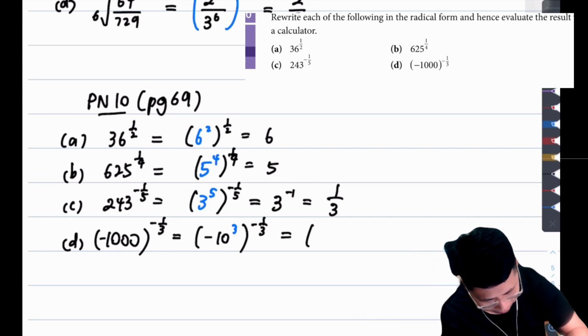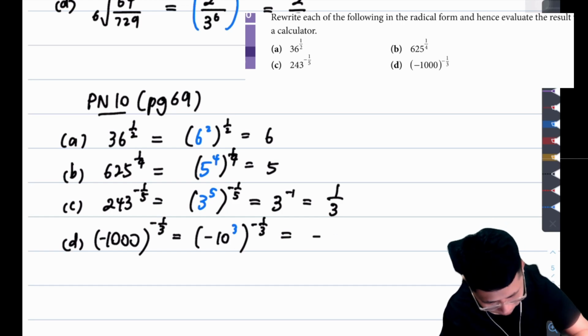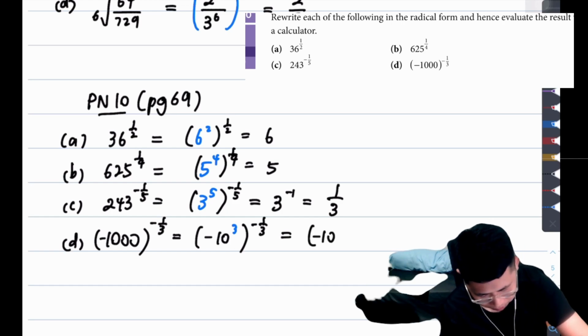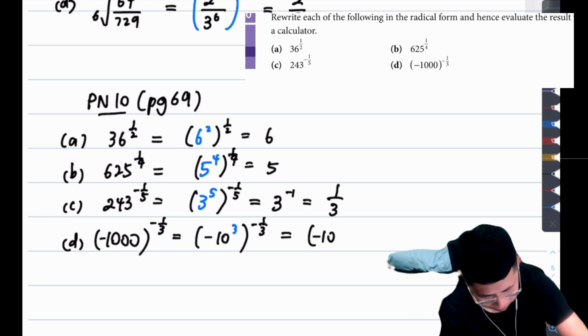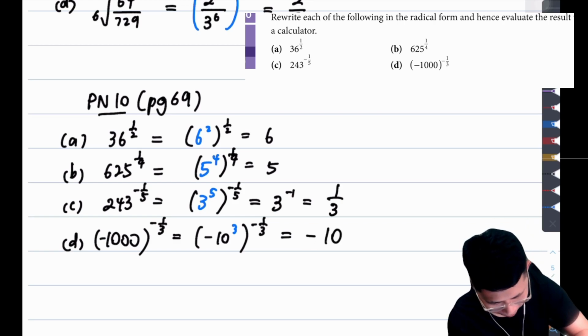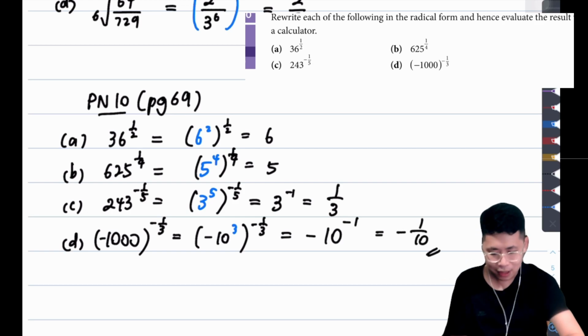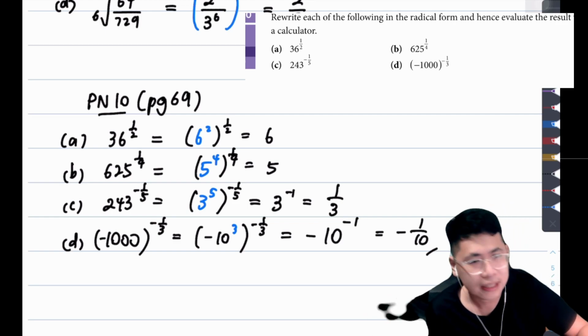So this would be negative 10 to the power of negative 1. So what does this mean? It would be negative 1 over 10, right? So this is for A to D.